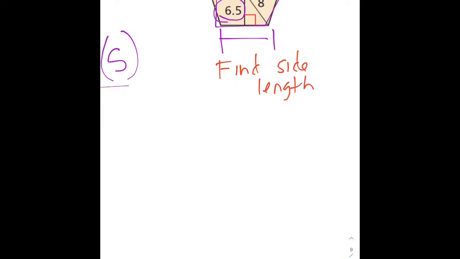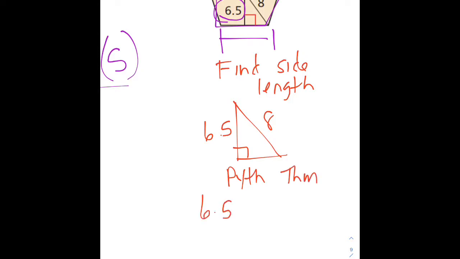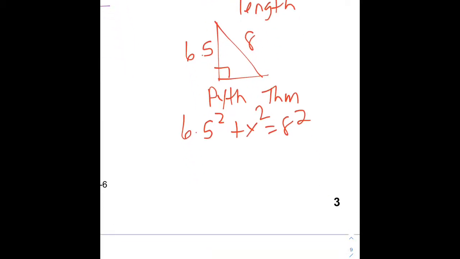What am I going to use to do that? Well, if I know that this is a right triangle with a hypotenuse of 8 and a 6.5 side, I can use Pythagorean theorem. So I have 6.5 squared plus x squared equals 8 squared. So that means x squared is going to equal 8 squared minus 6.5 squared.